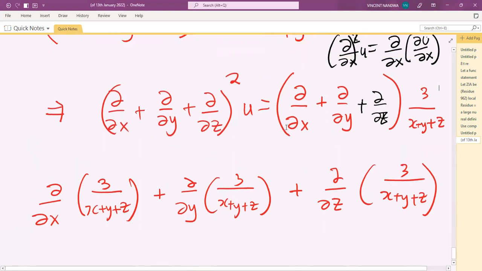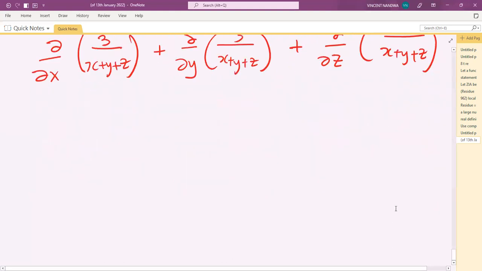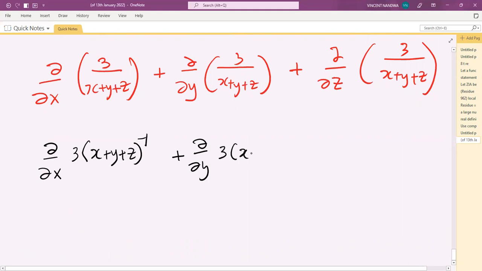So this will give us, you can write this one as partial x of 3 into x plus y plus z raised to -1, plus partial y of 3 into x plus y plus z raised to -1, plus partial z of 3 into x plus y plus z raised to -1.